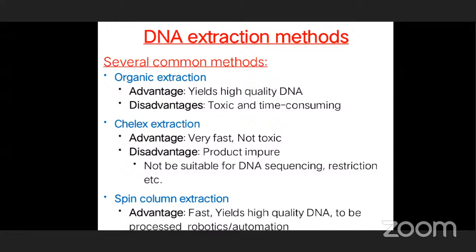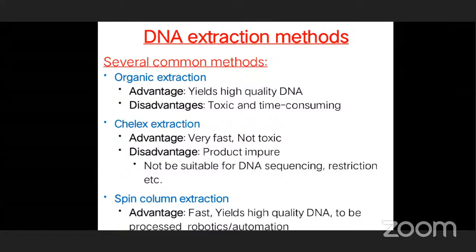But there is a disadvantage. The product will be impure. The isolated DNA will be impure. That's why this DNA is not proper for the genetic engineering process. Also, it is not suitable for DNA sequencing, restriction, etc. That's why this method is mostly not used for the isolation of DNA.